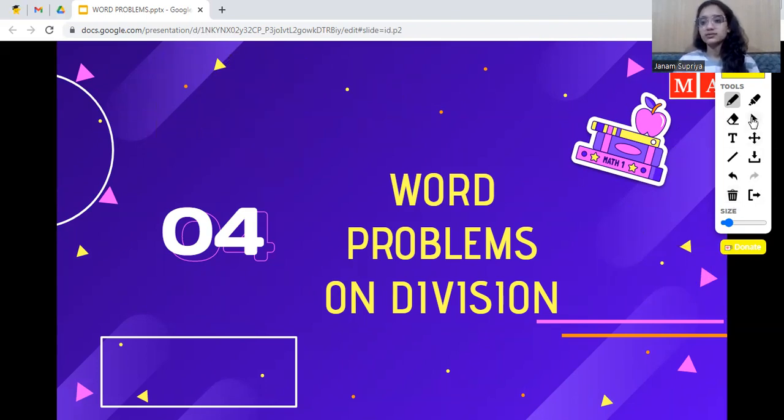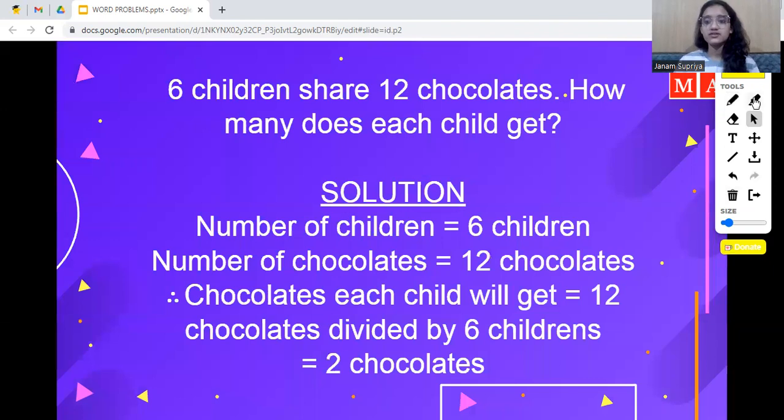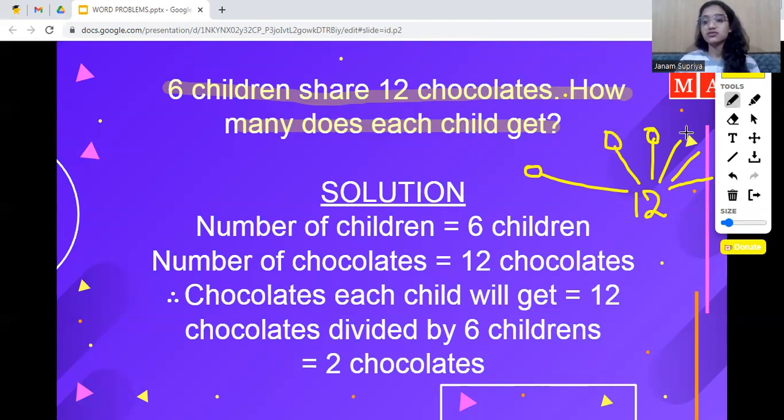Let's look at some questions related to it. The first question is, 6 children share 12 chocolates. How many does each child get? Now we counted for 10. Now these 12 chocolates have to be divided between 6 children.